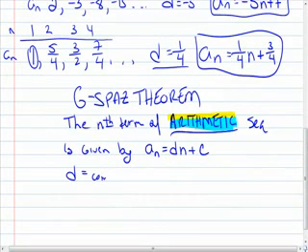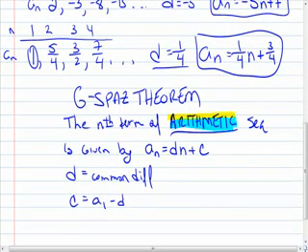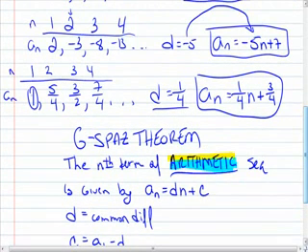We know d is the common difference, which is the difference between any two consecutive terms. C is the difference between the first term and the common difference. The first term was 1, the common difference was 1/4, that's a difference of 3/4, and we added 3/4.